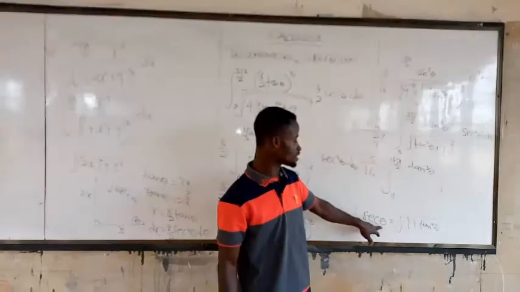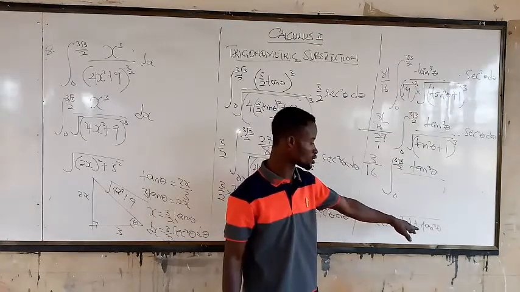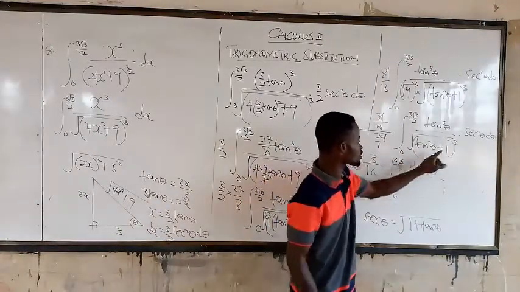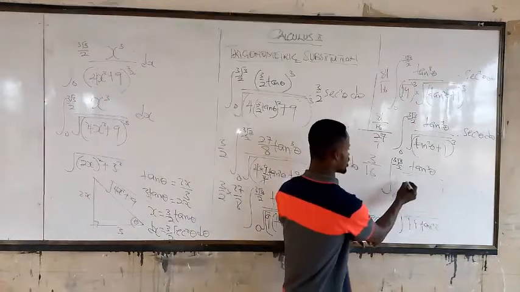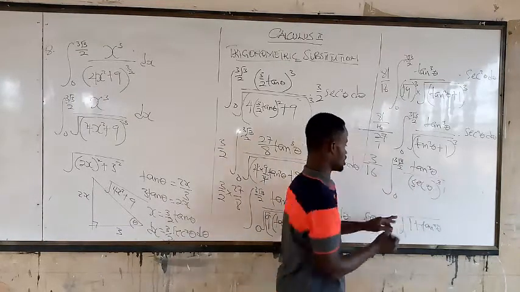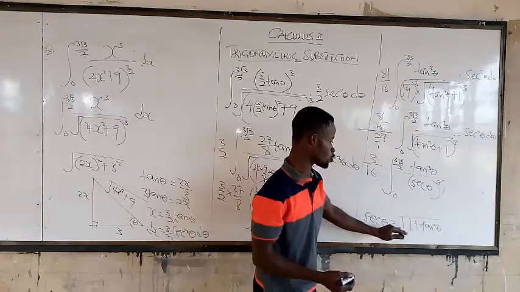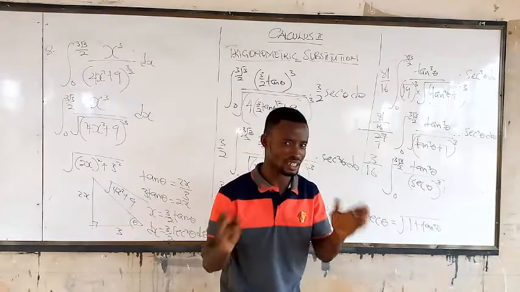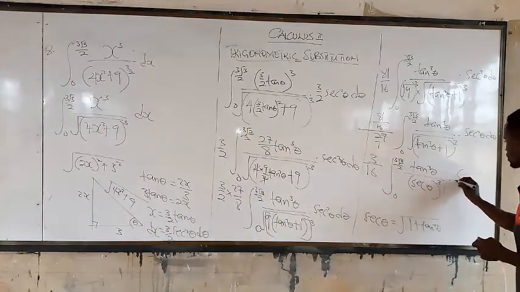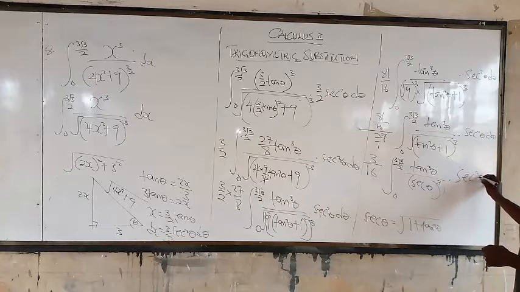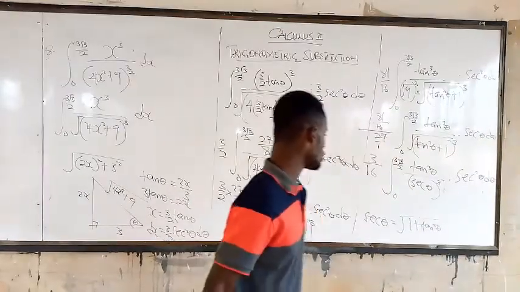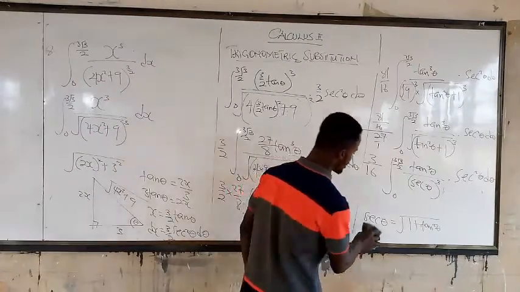Then sec theta is equal to square root of 1 plus tan square theta. So the square root of this all to the power 3 is going to be sec theta to the power 3, because this represents that. Please, I hope it's clear. Alright. And here we get sec square theta d theta. So that is what we have there.